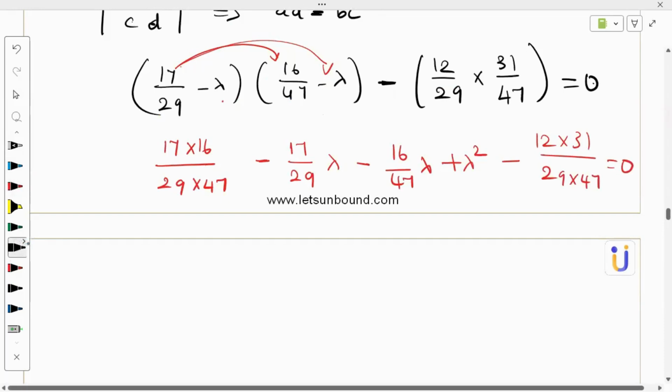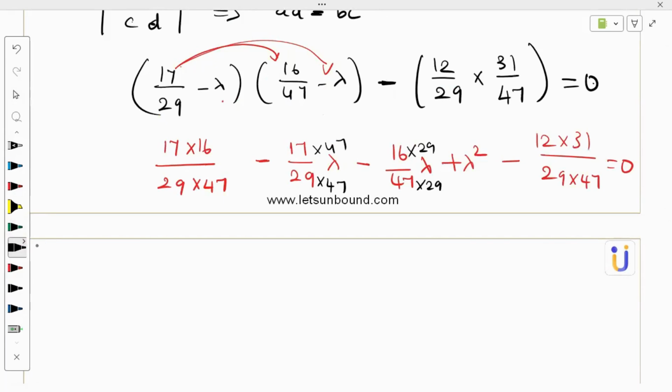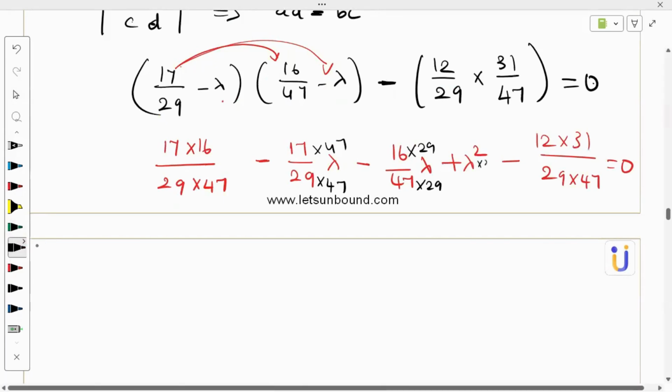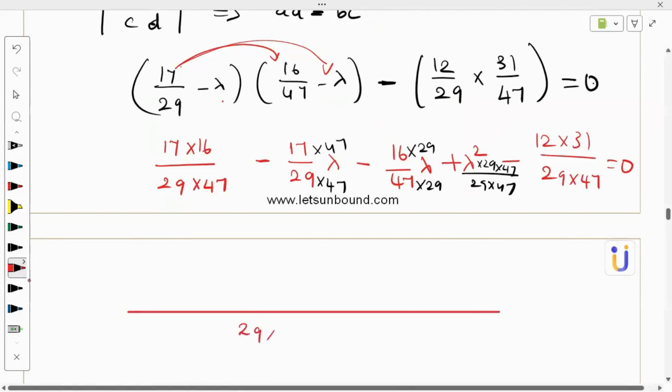Right, so we can do one thing: make the denominator the same everywhere by multiplying by 47 and 29. You can even do it in your own way. So now overall, I will have the denominator 29 times 47. I make them common, equal 0.